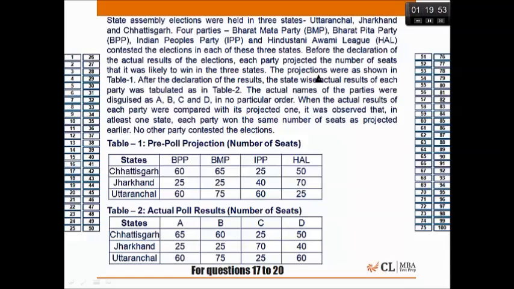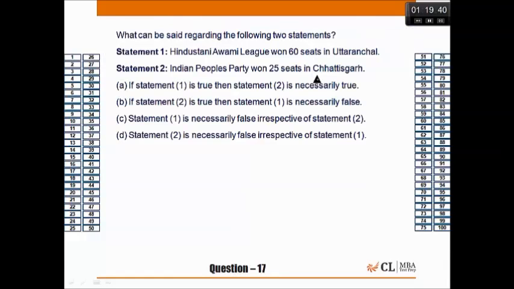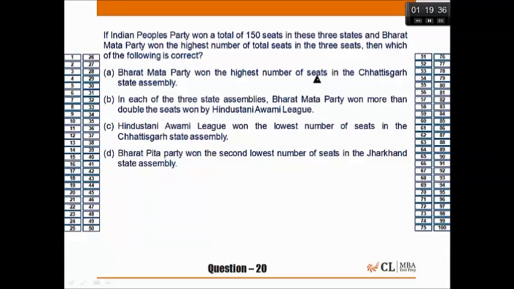The actual names of the parties were disguised as A, B, C, D in no particular order. When the actual results were compared, it was observed that... Is it logical reasoning or is it DI? This is going to be a really confusing one. Maybe not, I'm not too sure.